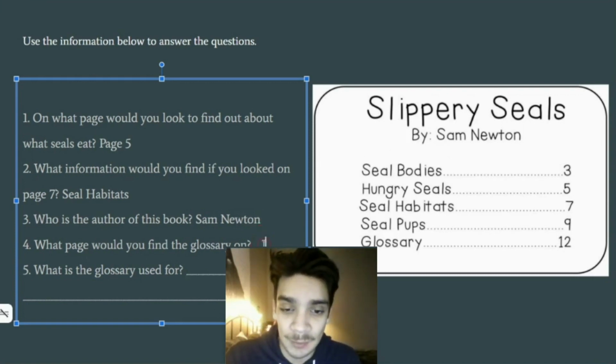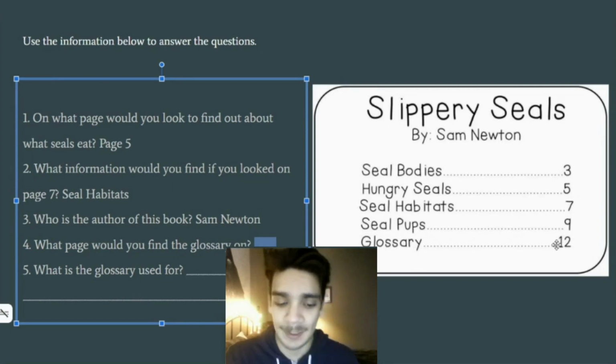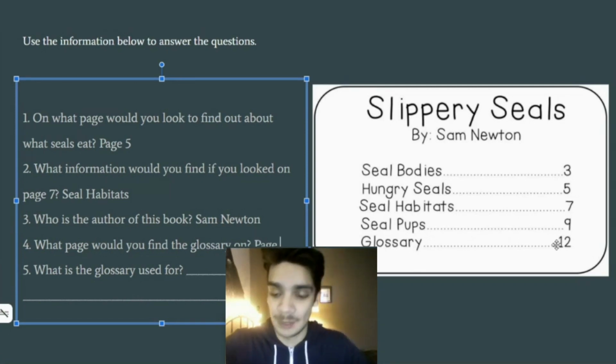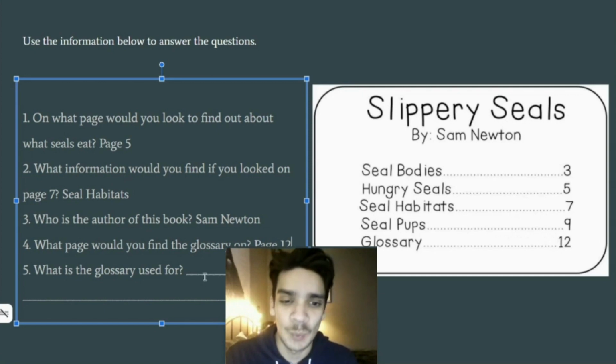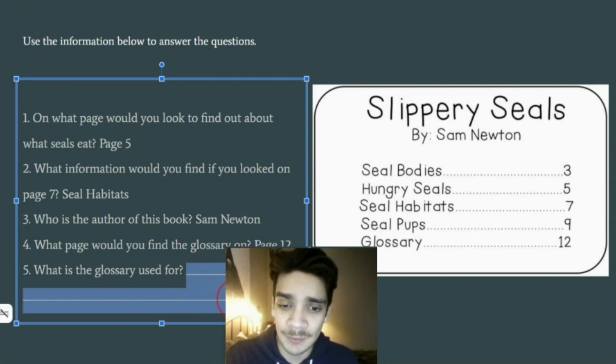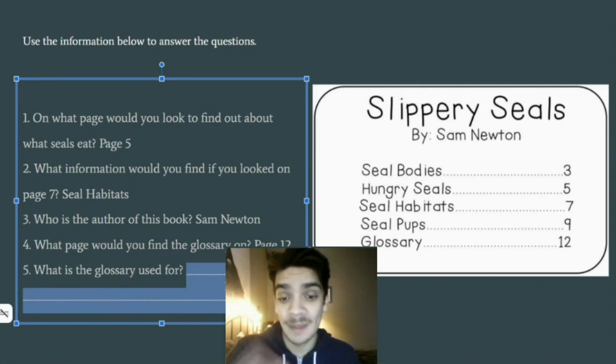What page would we find the glossary on? Glossary, page 12. And what is the glossary used for? So the glossary is kind of like a table of contents, but in the back. The glossary is going to tell you what words were used, what they mean, and where they were found.